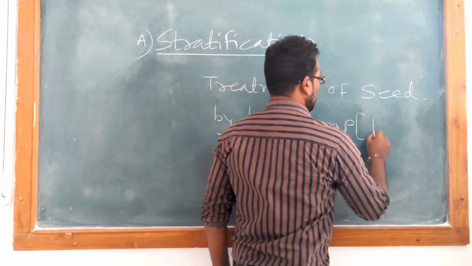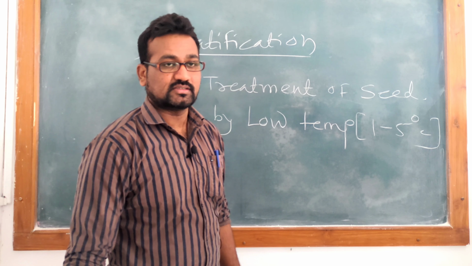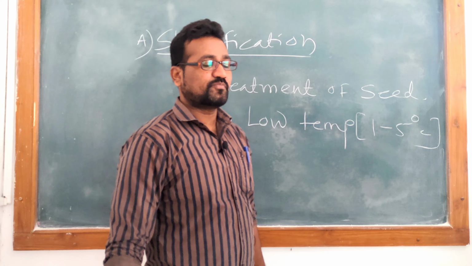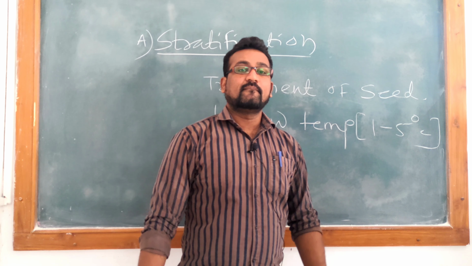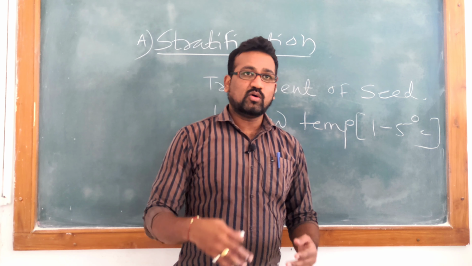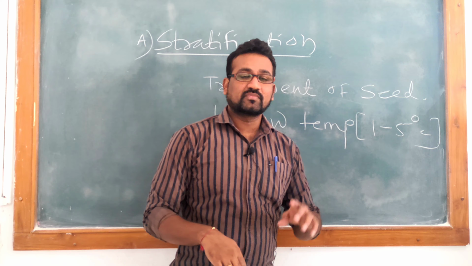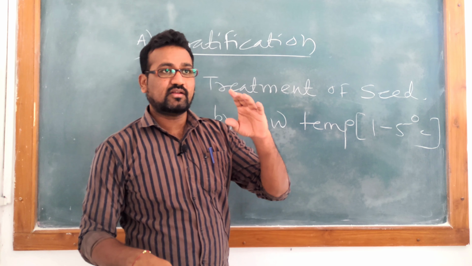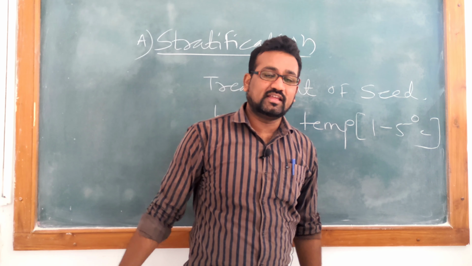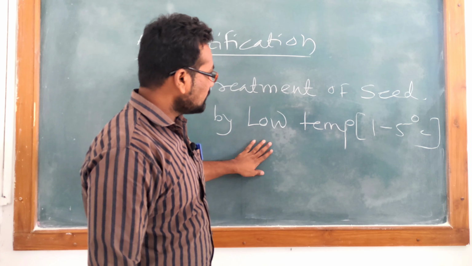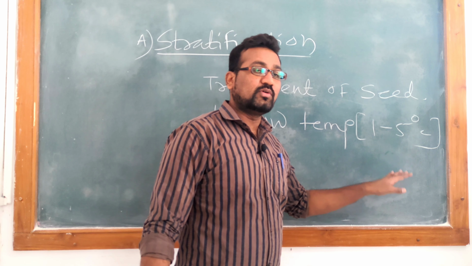Generally around 1 to 5 degrees Celsius. Please remember this. In stratification, we are treating the seed by low temperature, especially by using a refrigerator. In our refrigerator there are two sections: one is the normal refrigerator section and another is the deep freeze section where you will find ice formation. But we are not putting our seed in that deep freeze section. In stratification, generally we apply a temperature of 1 to 5 degrees Celsius.